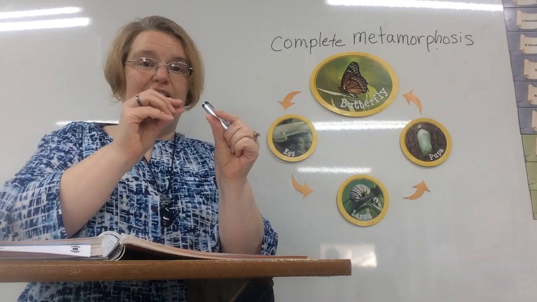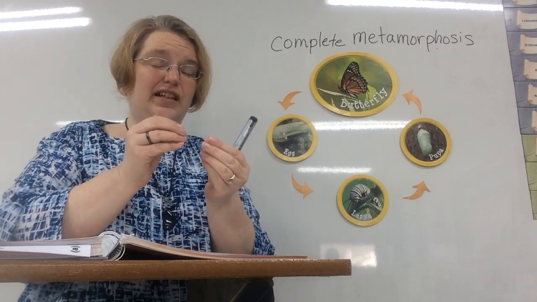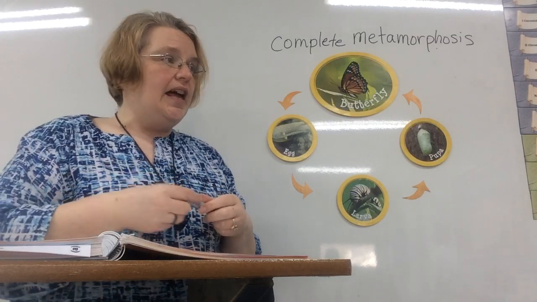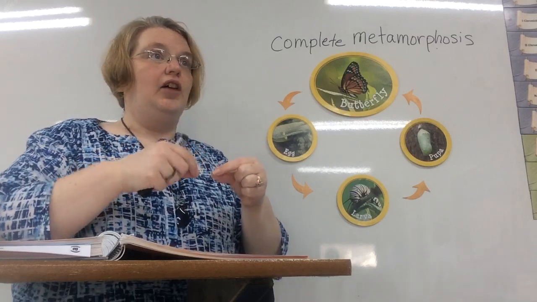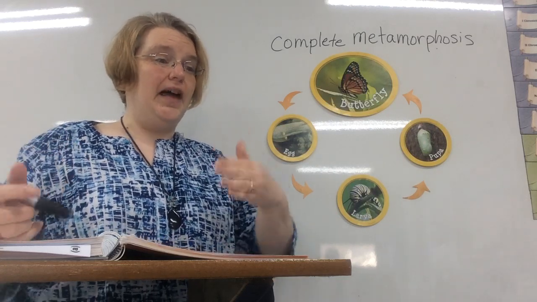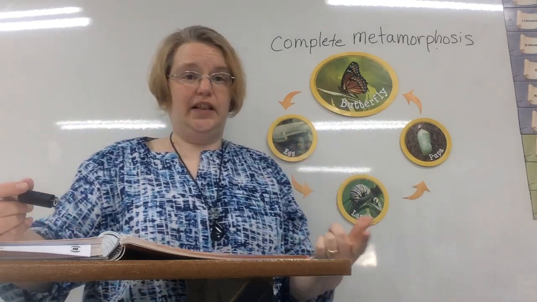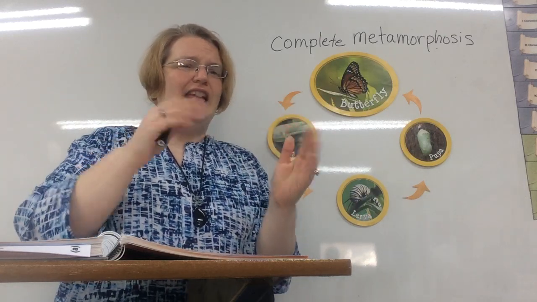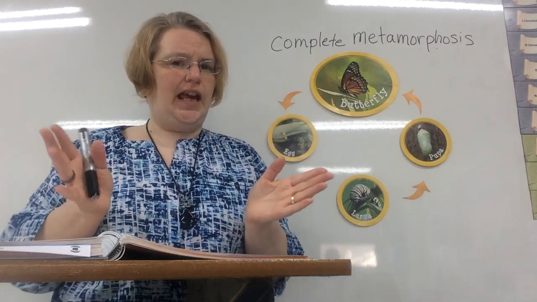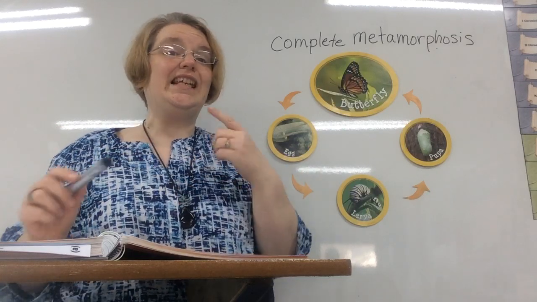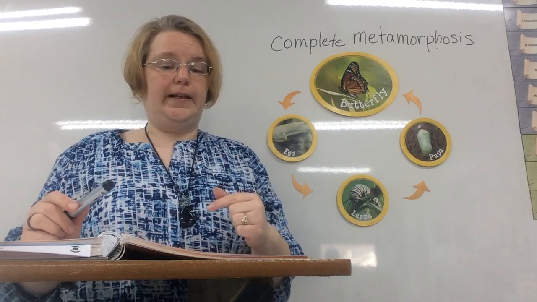And that tiny adult is called a nymph or immature insect. And that nymph will molt, meaning remove its exoskeleton because it's too small, many, many times before it becomes an adult. But the different stages of nymph is still considered one stage. So we have egg, nymph, adult, and that is incomplete metamorphosis.